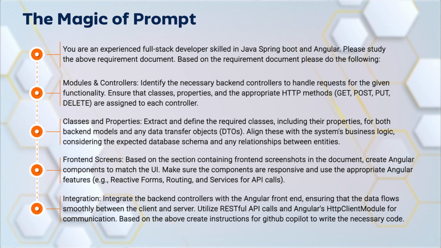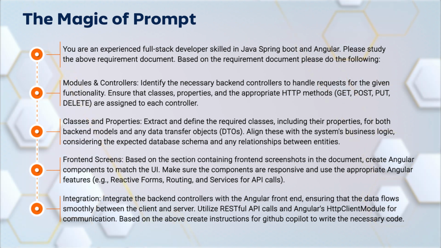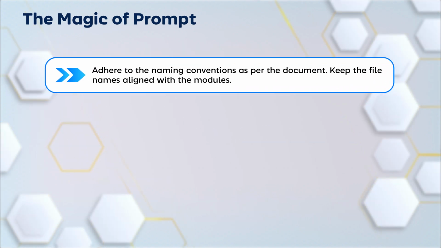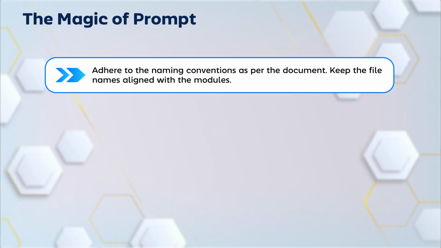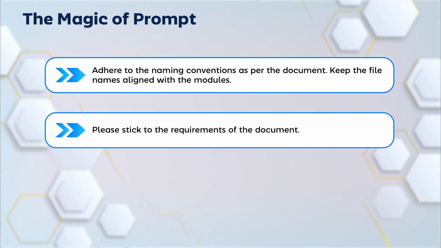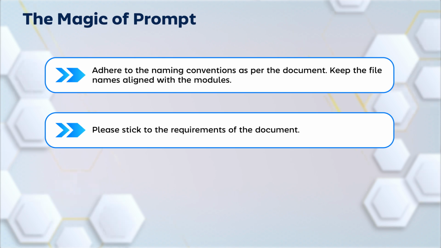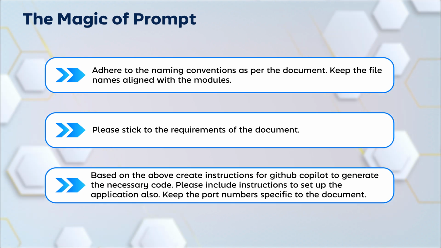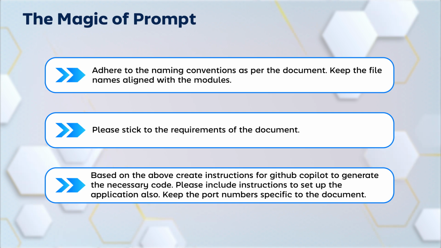We also need to put some conditions so that we are following our document strictly. Adhere to the naming conventions as per the document. Keep the file names aligned with the modules. Please stick to the requirements of the document. Based on the above, create instructions for GitHub Copilot to generate the necessary code.